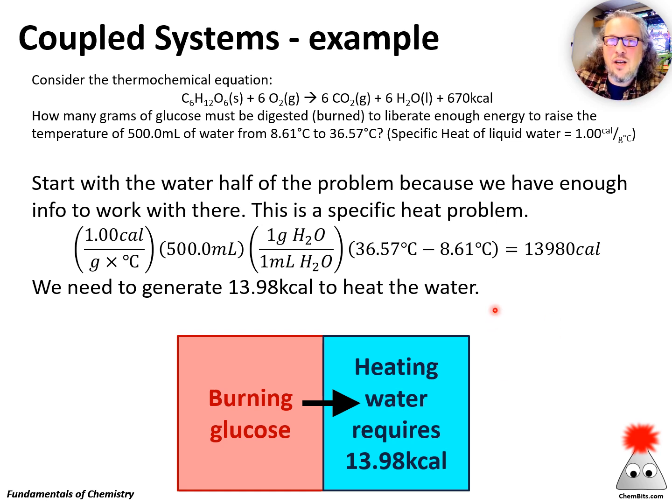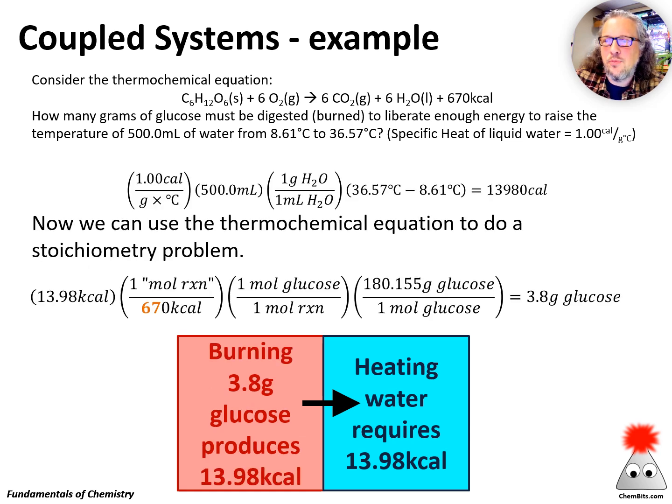Where's that heat going to come from? That heat's going to come from burning glucose or digesting glucose. So 13.98 kilocalories from the balanced thermochemical equation, I know that 1 mole of reaction will liberate 670 kilocalories. Balanced, or mole ratio from the balanced chemical equation, that's step 3 in our stoichiometry process.